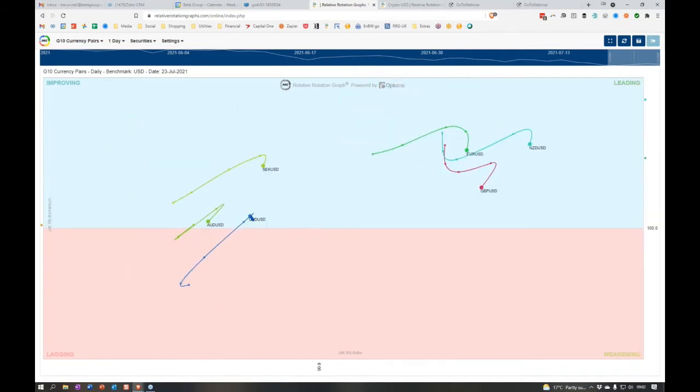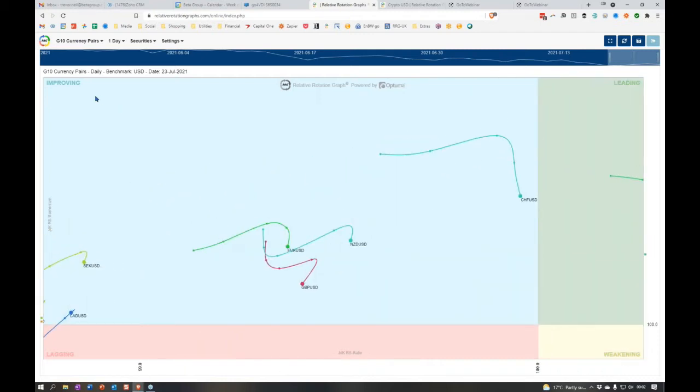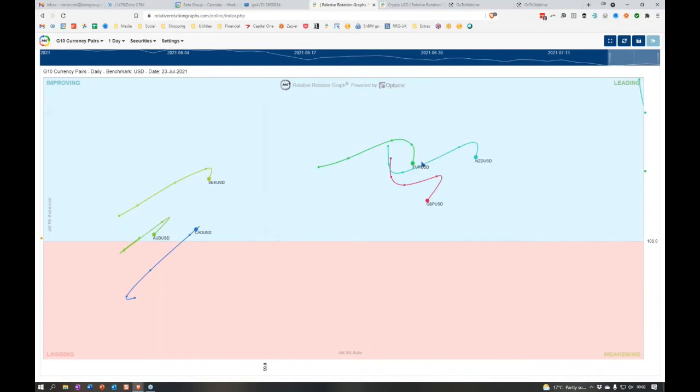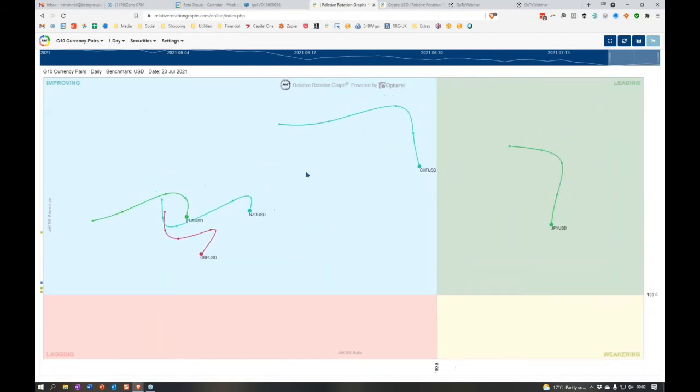The Canadian dollar has flipped around during the week and then come up here and then in fact backed off here. The euro was strengthening in the improving quadrant, but has backed off from that now. The strongest of the underperforming currencies is the Swiss franc, but only the yen is outperforming the dollar. Okay, that's the background picture.